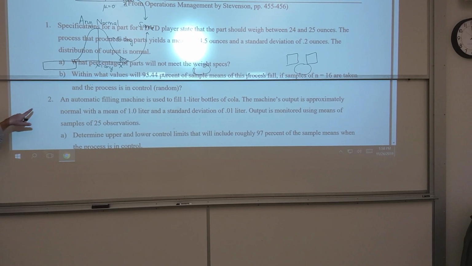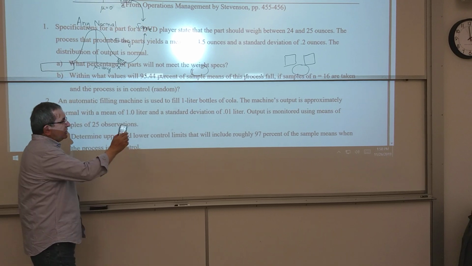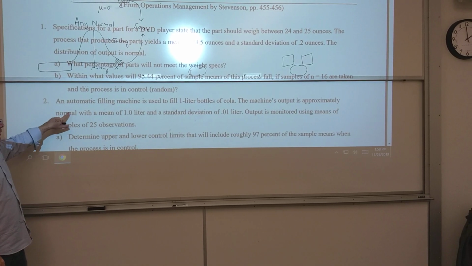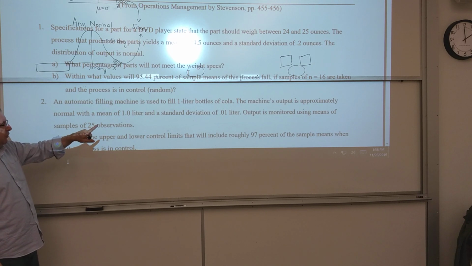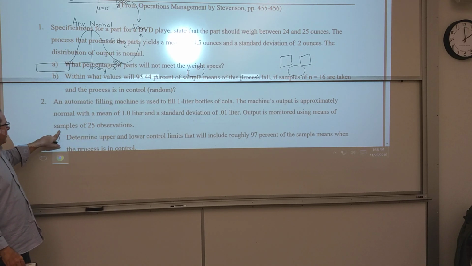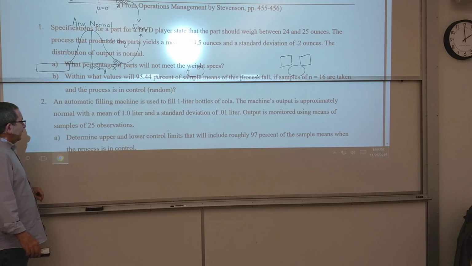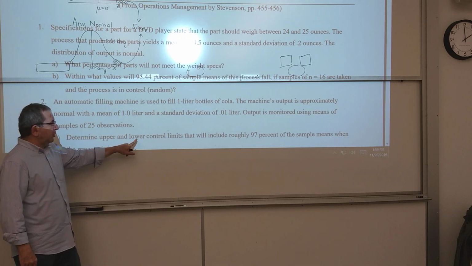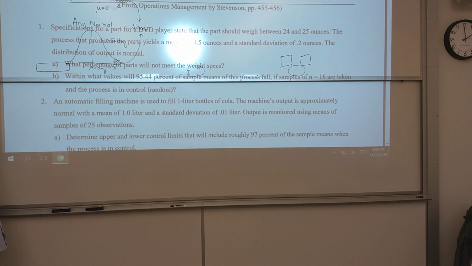So an automatic filling machine is used to fill 1-liter bottles of cola. The machine's output is approximately normal with a mean of 1.0 liter and a standard deviation of 0.01 liter, and so on. Samples of 25, determine the upper and lower control limits that will include roughly 97% of the sample means when the process is in control.